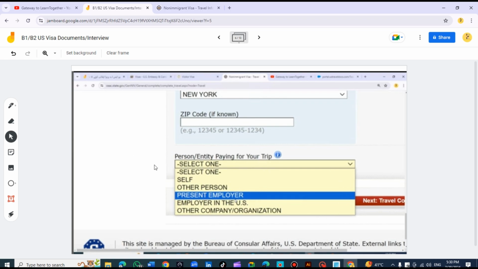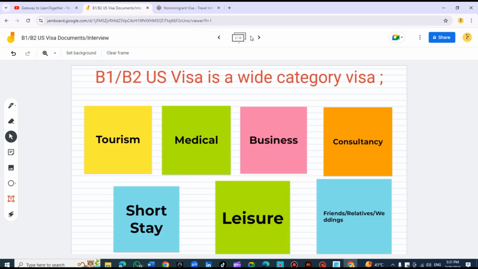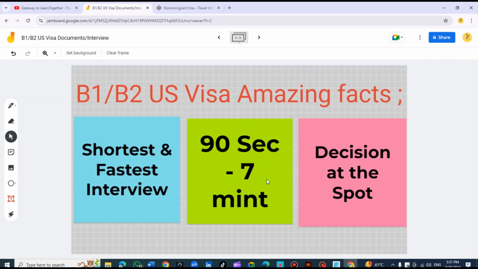From here you actually have to prepare your interview questions and documents, and everyone has different situations based on whatever they have selected, and of course accordingly they have to strengthen their case. And in the interviews they can explain as much as they can. Of course, be polite, stay very confident, and this is how the interview only takes 90 seconds to 7 minutes in the B1 B2 US visa.